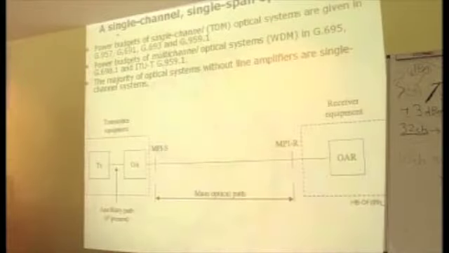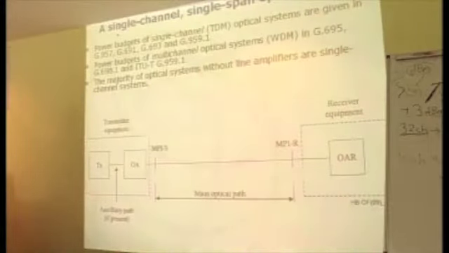This is a diagram for a single-channel, single-span optical system. The power budgets of such single-channel TDM systems are given in, for example, these recommendations. The budgets for multi-channel optical systems, I mean WDM systems, are also described in those recommendations.